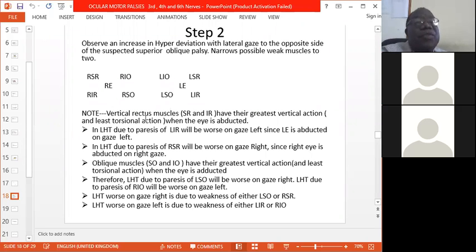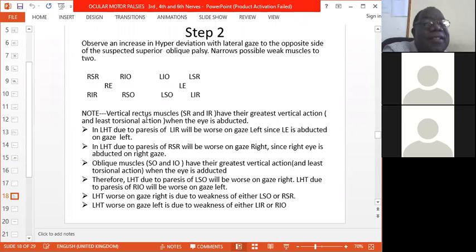Vertical rectus muscles, the superior rectus and inferior rectus, have their greatest vertical action and least torsional action when the eye is abducted. Abducted means looking outward. Adducted, the eye looking inward. So when the eye is abducted, that's when it has least torsion, squeezing out like that. Okay.